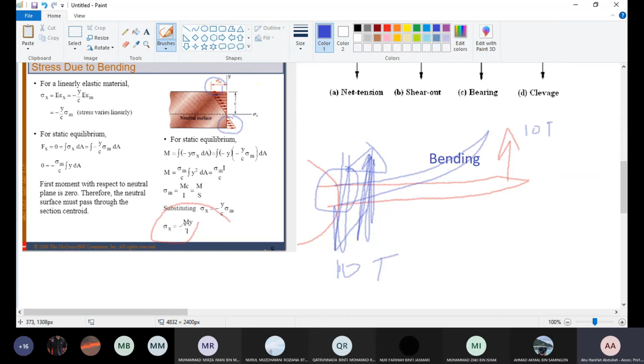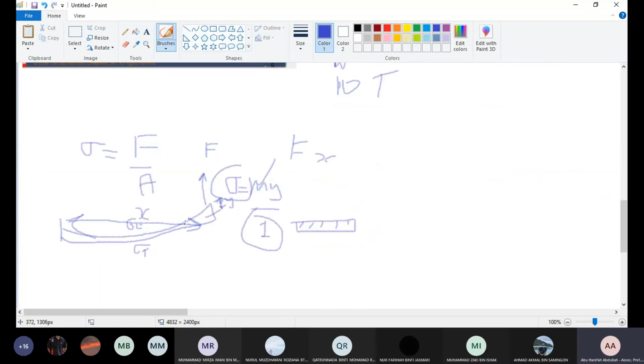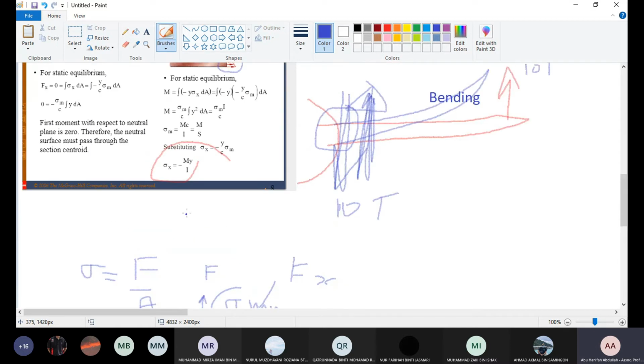However, the equation is the same: moment times the distance from the neutral axis over the moment of inertia. You will get the stress for both top and bottom. If you bend up, the tension will be at the bottom and compression at the top. Use the same equation.